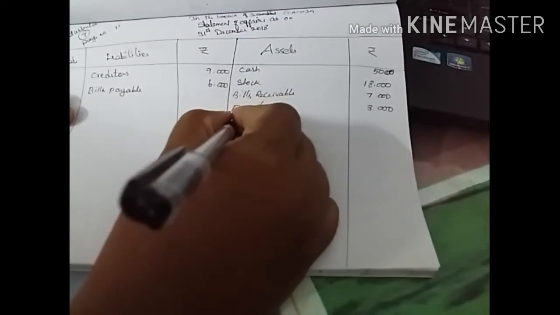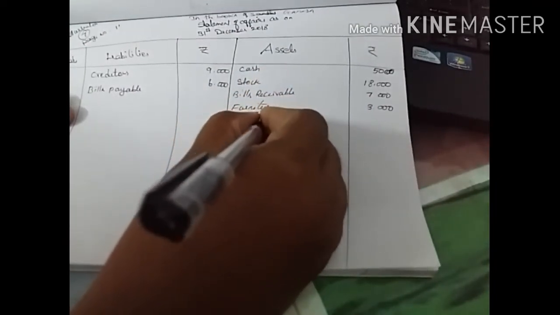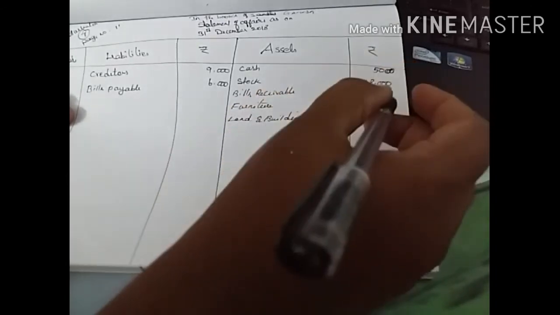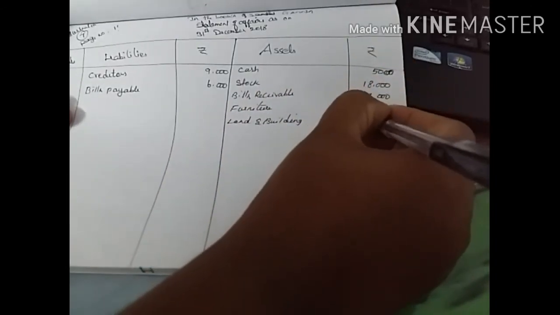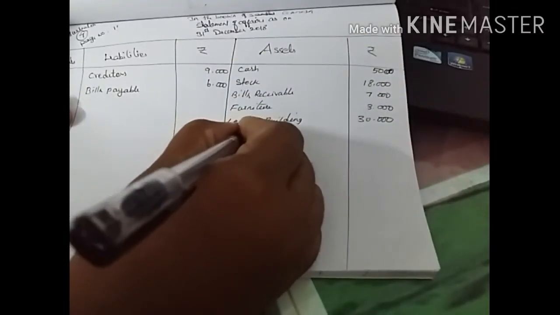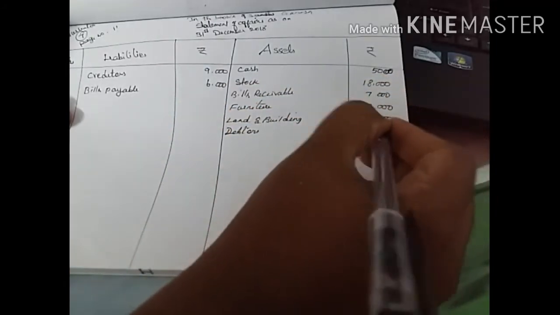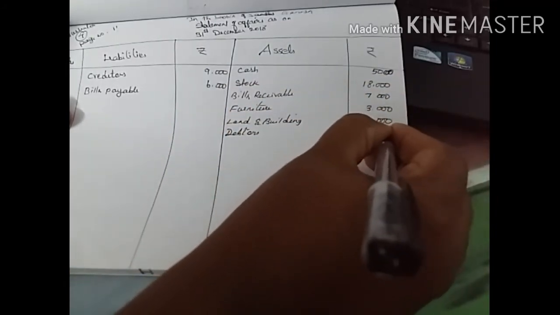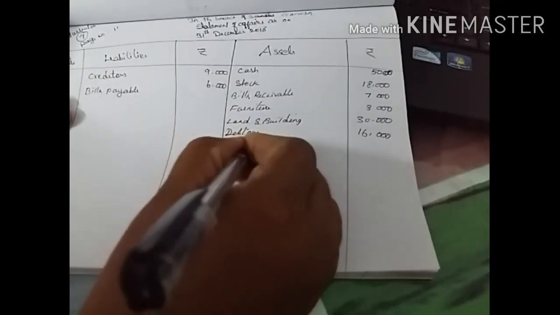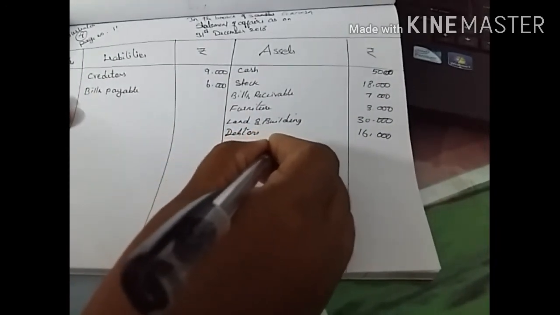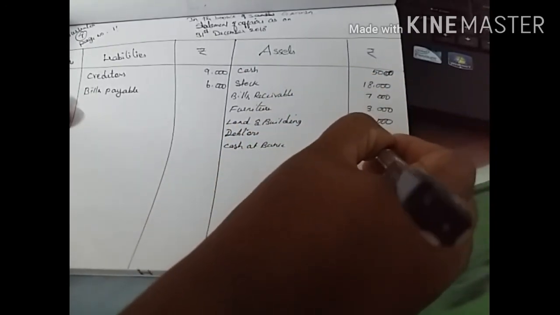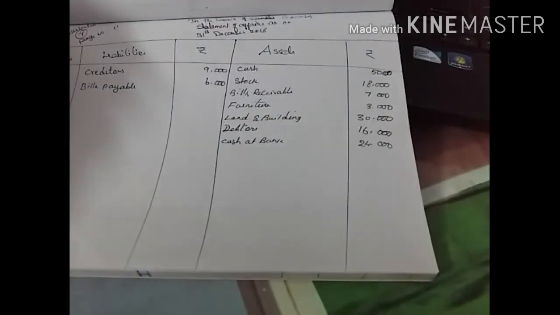Then land and building, so land and building 30,000. Then debtors, so debtors also I have 16,000. Then cash at bank, so cash at bank 24,000. That's it.